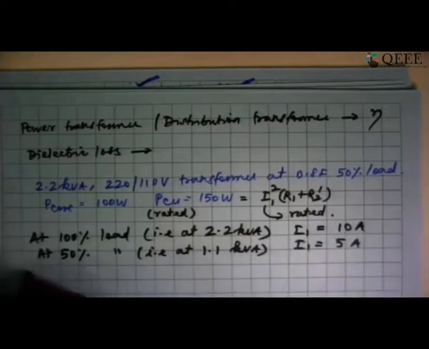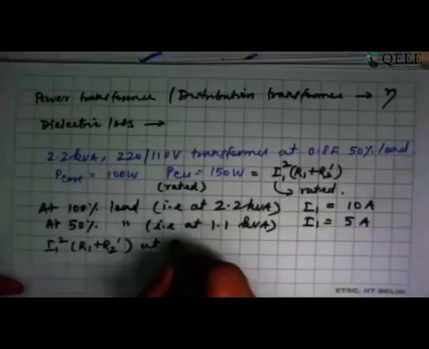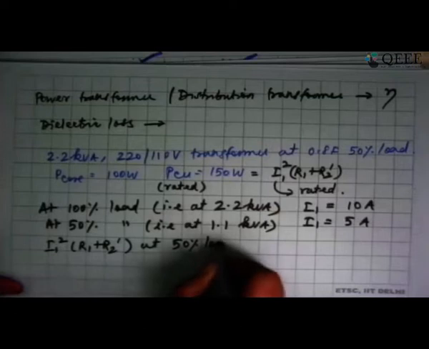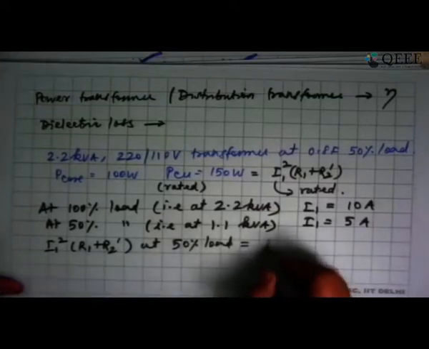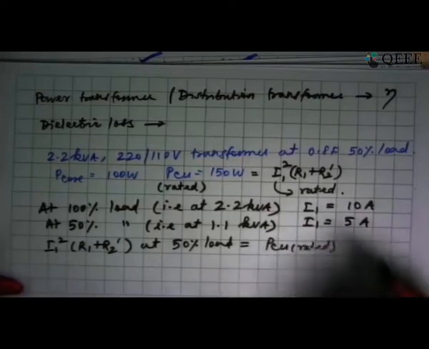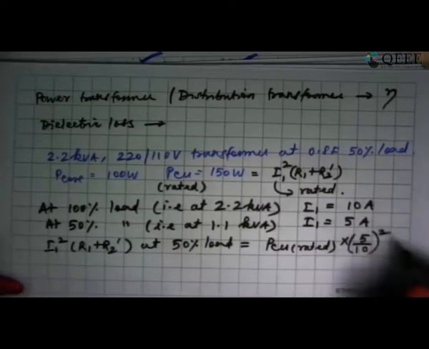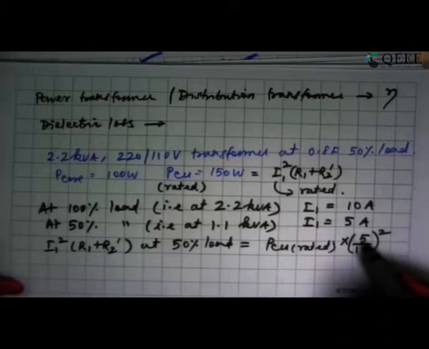So if I try to calculate what is I1 square (R1 plus R2 dash) at 50% load, it will be whatever is the copper loss at rated current multiplied by (5 divided by 10) whole square, because 5 ampere is the current at present, whereas 10 ampere was the current at rated condition.